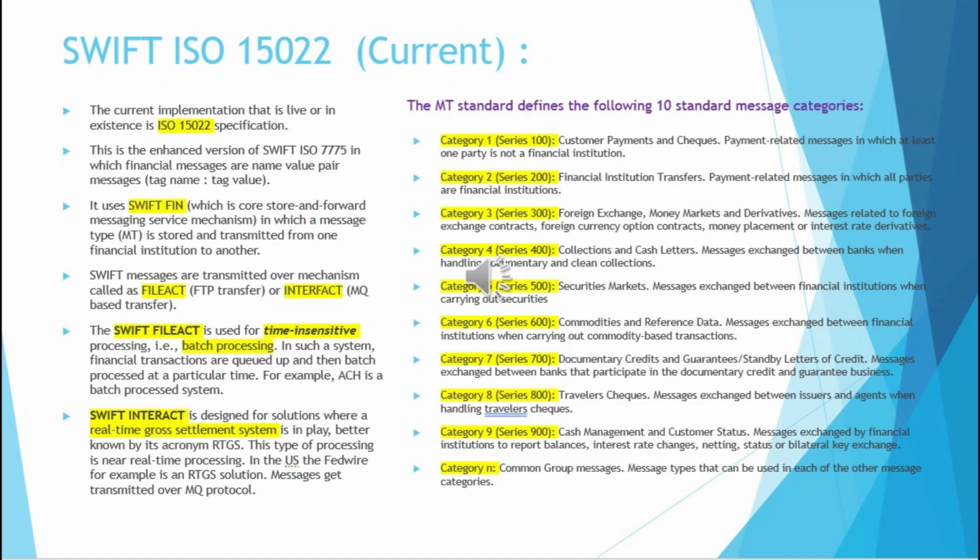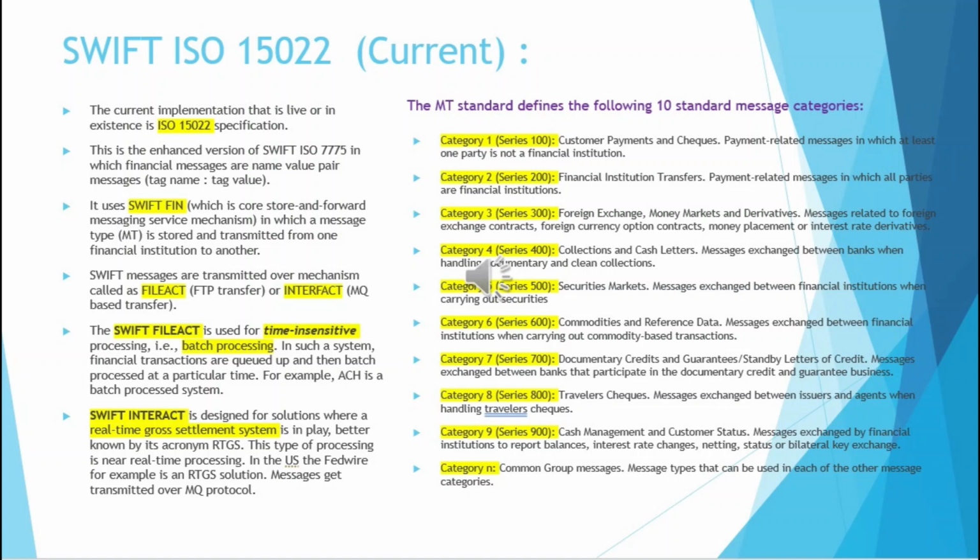Swift InterAct is designed for real-time cross settlement systems in which you want to transmit the message as soon as it is produced by the producer and it has to be received by the recipient. For this, we have a transmission in InterAct mode which uses MQ based messaging.